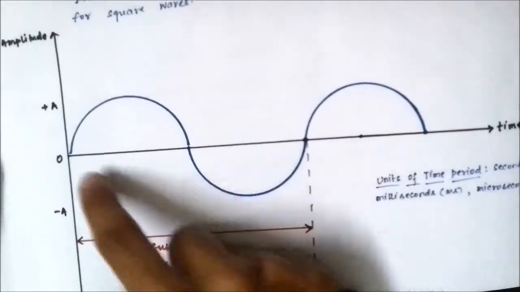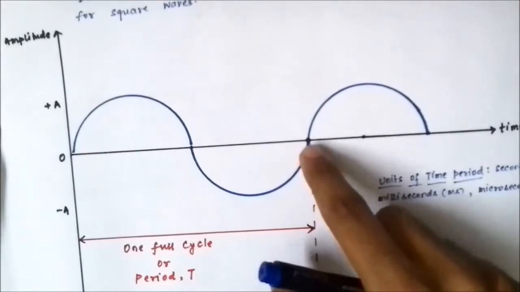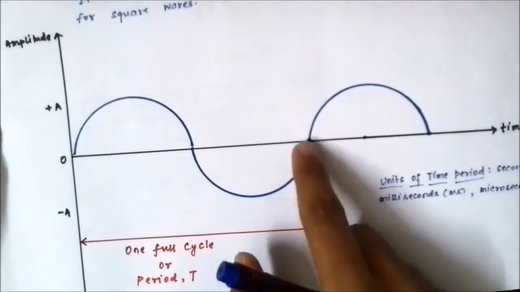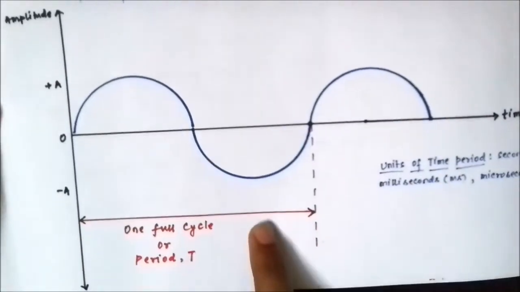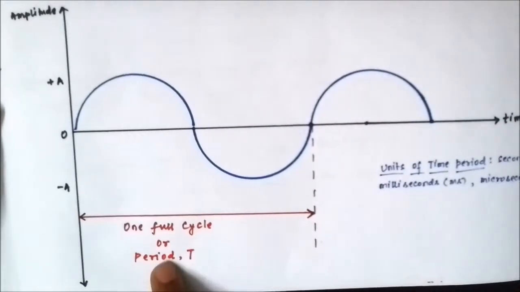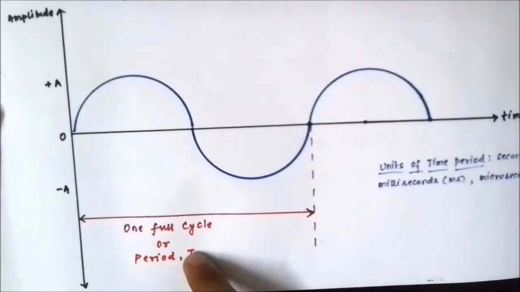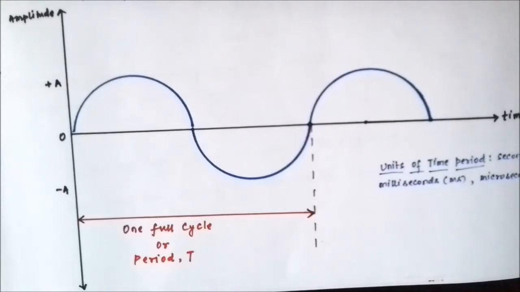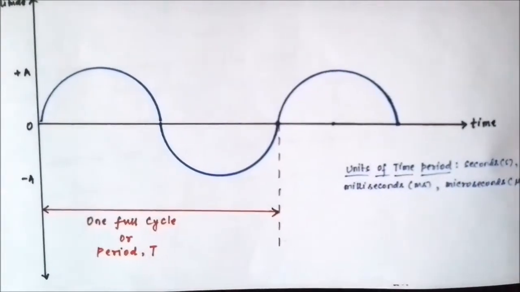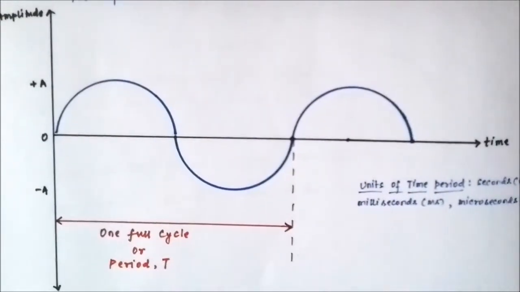So the time is given as the period or the time period of the signal. Now the unit of time period will be in terms of seconds, milliseconds or microseconds.